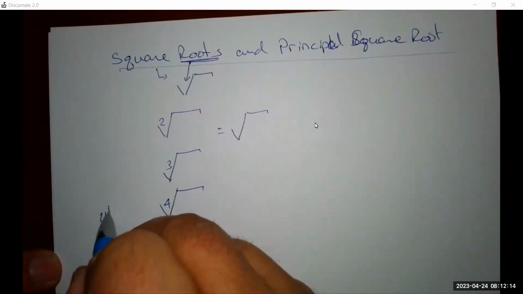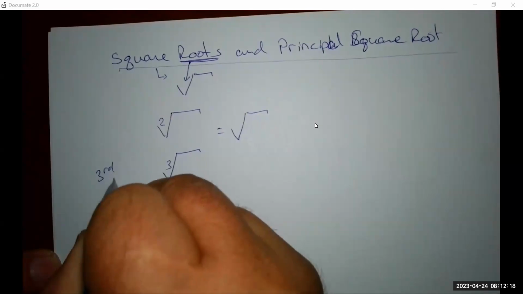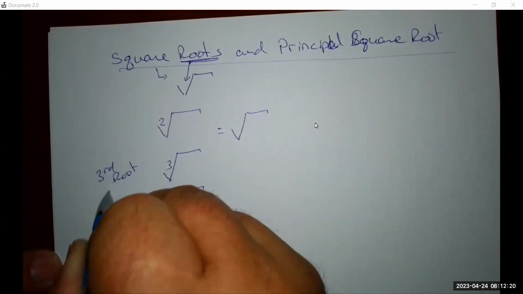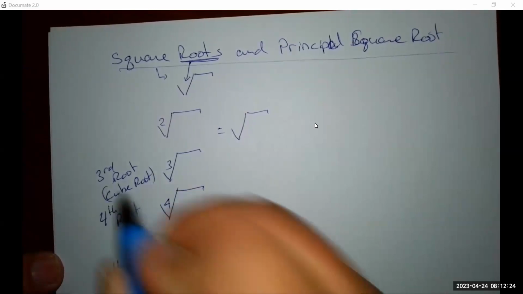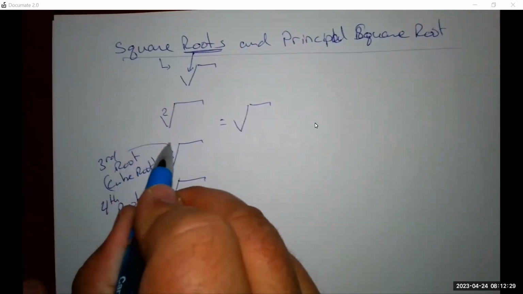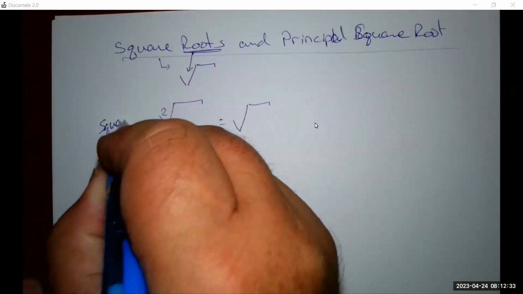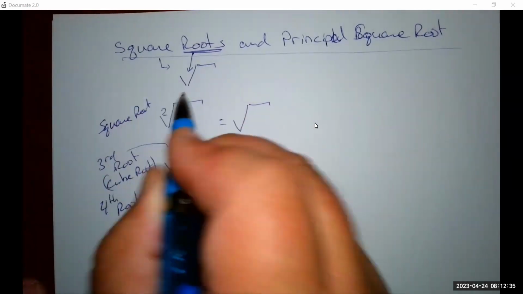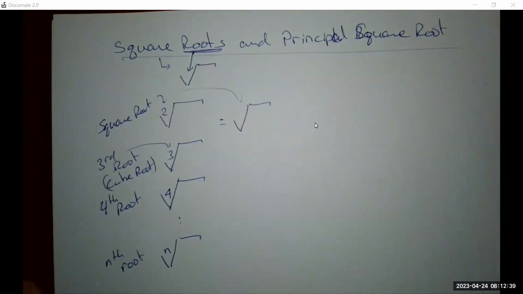This is called the 4th root, the 3rd root, or cube root, because there's a 3 there. And this is called the square root because there's a 2, or it's invisible, nothing there.